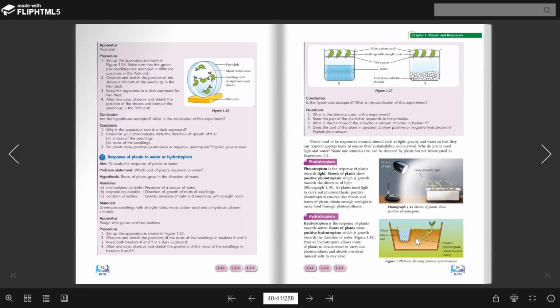But right now it shows positive hydrotropism because the root grows towards the water. Why is this important? Positive hydrotropism allows the root of the plant to obtain water to carry out photosynthesis and absorb dissolved mineral salts to stay alive. So water is very important, that's why the root will show positive hydrotropism.